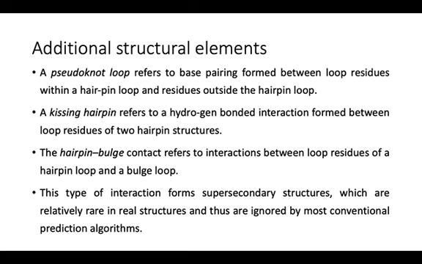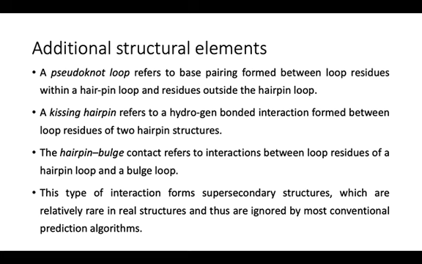So the hairpin bulge contact refers to the interaction between loop residues of a hairpin loop and a bulge loop. This type of interaction forms supersecondary structures, which are relatively rare in real structures and thus are ignored by most conventional prediction algorithms.